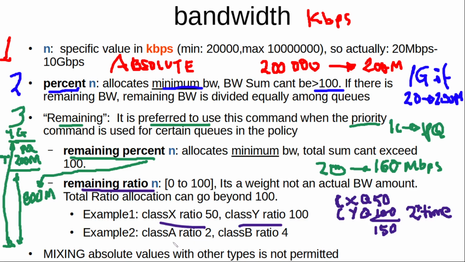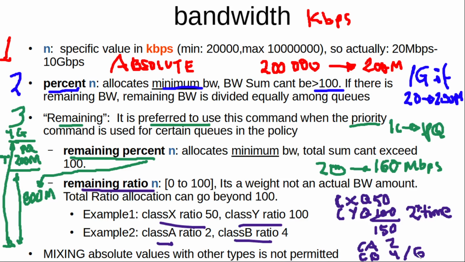The same thing can be said about this other example here. We have class A here, and we are going to assign a ratio of 2, and for class B we are going to assign a ratio of 4. If you add them up, you get a number of 6, which actually does not mean a lot. Remember that we are not talking about percentages here, so we don't have to aim for 100.